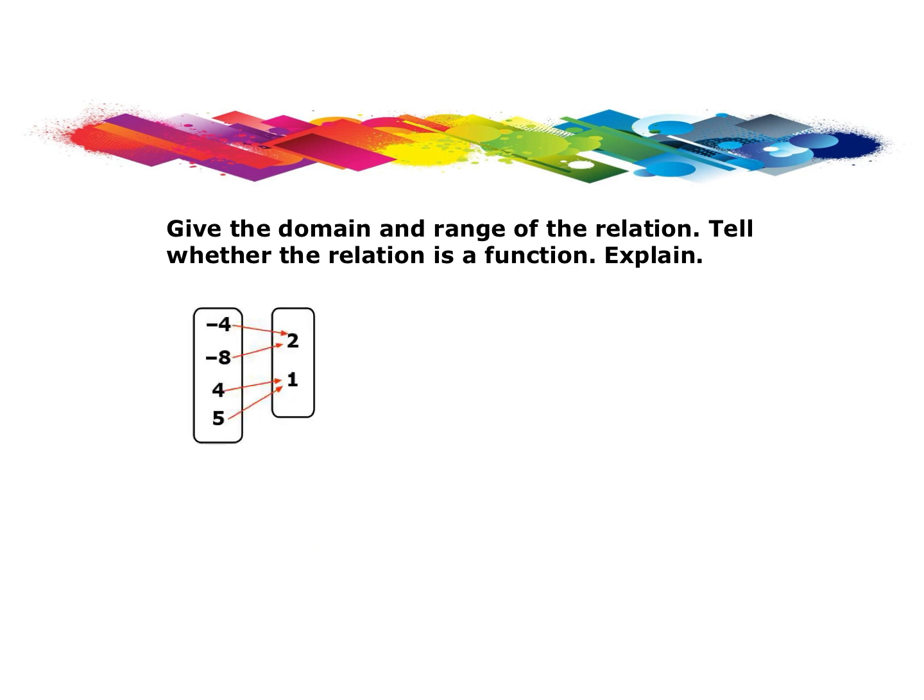So now that given the domain and range of the relationship, tell whether the relation is a function and explain why or why not. Now guys, when they give it to you in this form, the x is always going to be the left one and the y is always going to be the right one. Now, remember, in a function, x cannot be repeated.